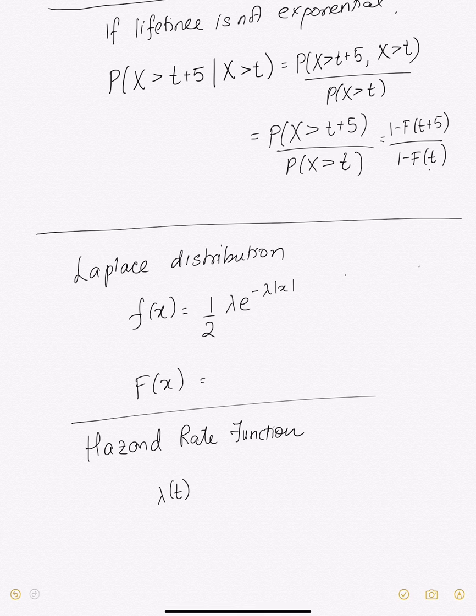What is lambda of t? It is f of t over 1 minus F of t. Okay? And what you're saying is, suppose the item survived till time t.